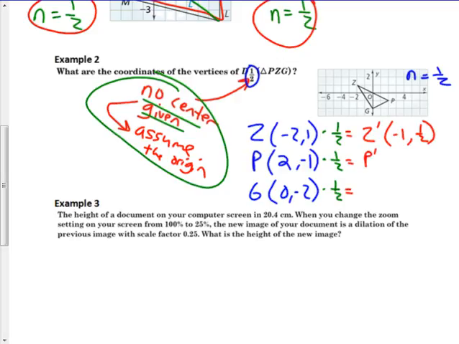P prime would be, what's 1/2 of that? So it'd be 1 and negative 1/2. And then G prime, well, 1/2 of 0, so 0, and negative 1.